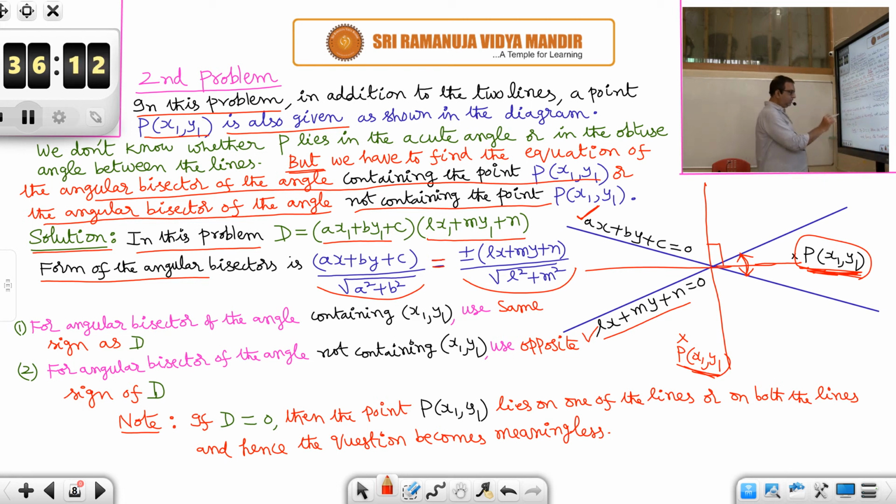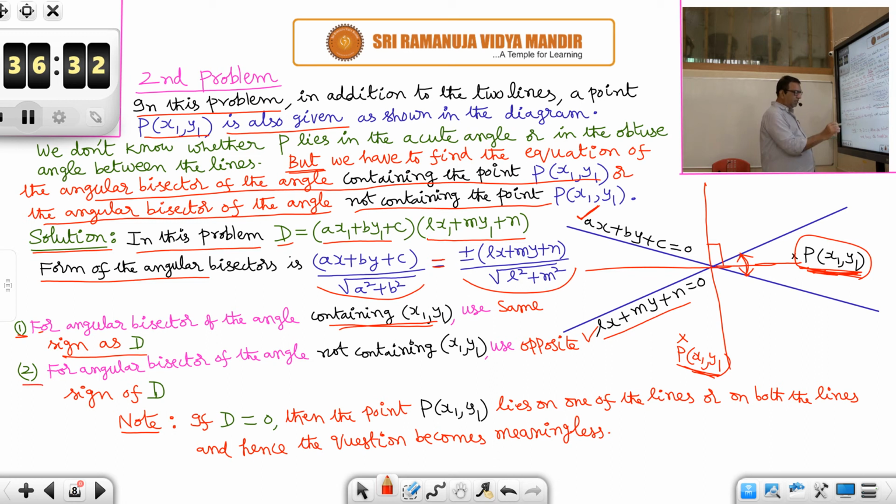Now the rule is given here. First point: for the angular bisector of the angle containing the point x1, y1, use the same sign as D. Whatever sign you get for D, the same sign must be used.